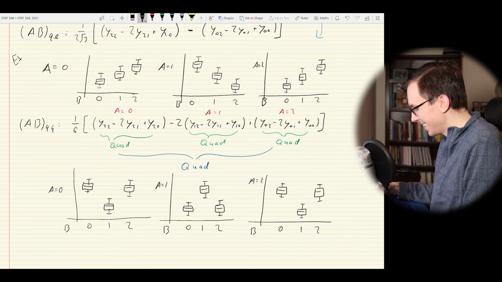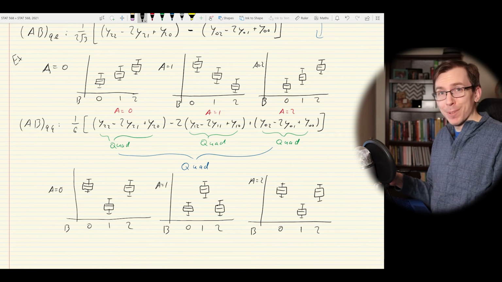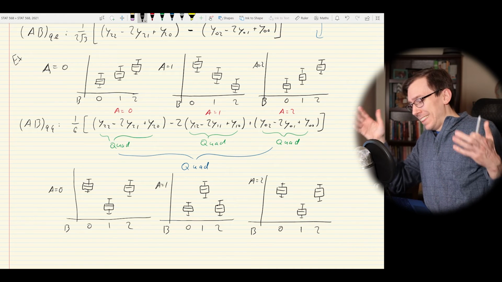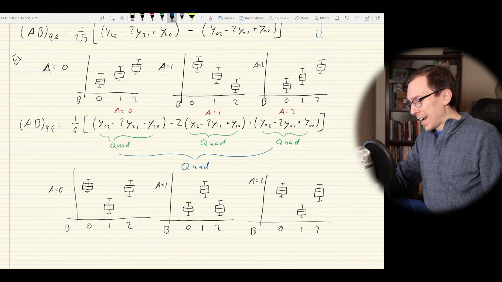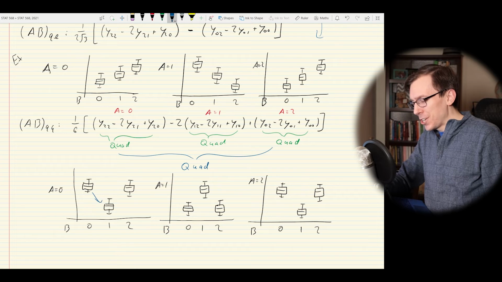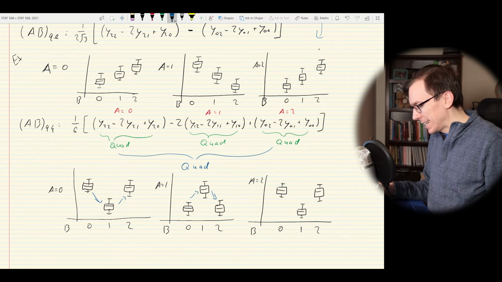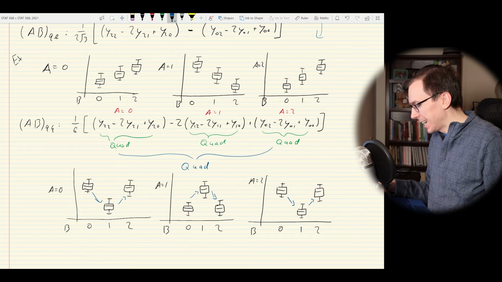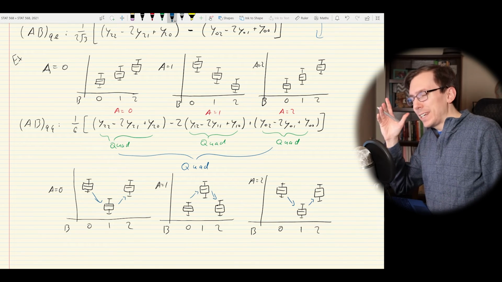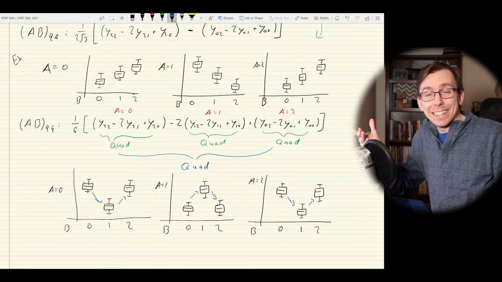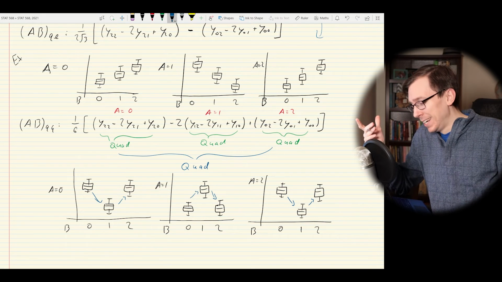All right. Are you sick of box plots yet? This is an example of a quadratic contrast changing quadratically. It kind of goes from V to upside down V back to V again. Again, when you get to some of these higher order interactions, they're a little bit hard to interpret.